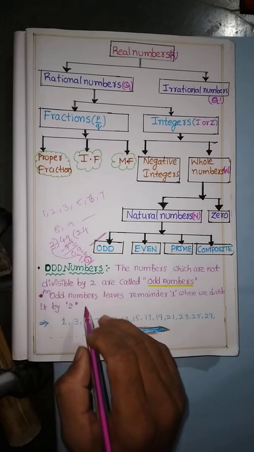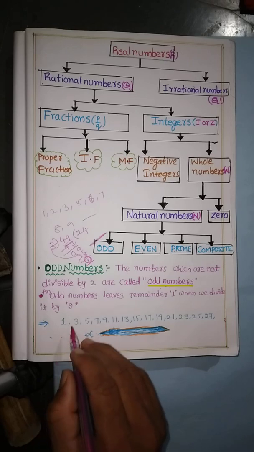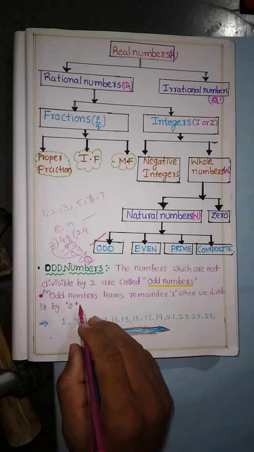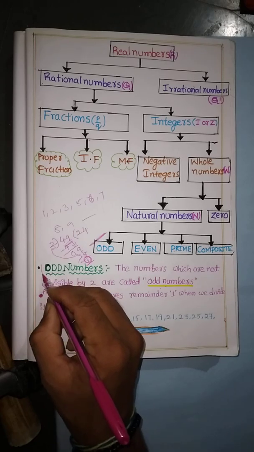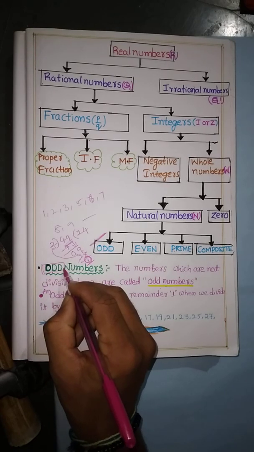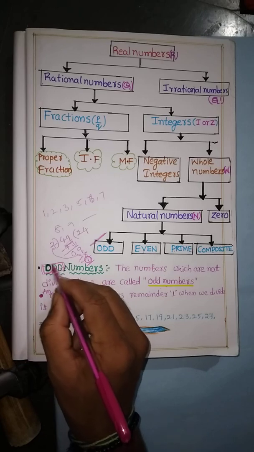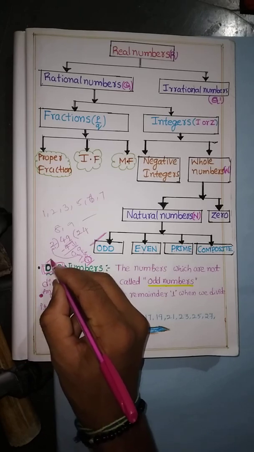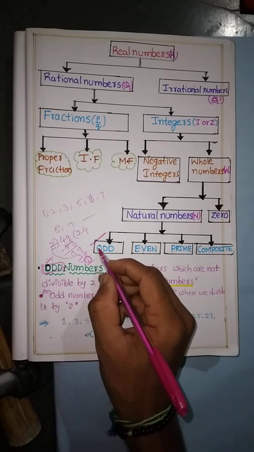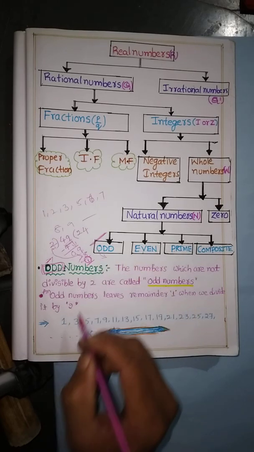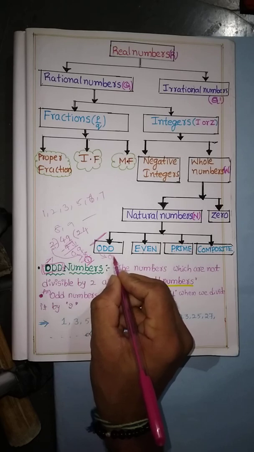So what can you do? There is one easy, simple shortcut technique for identifying odd numbers. How can you remember odd numbers? Just observe the word odd, O-D-D. In the word odd, the first letter is O. O for ONE, 1.